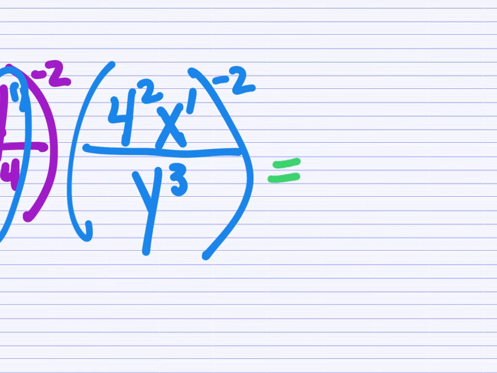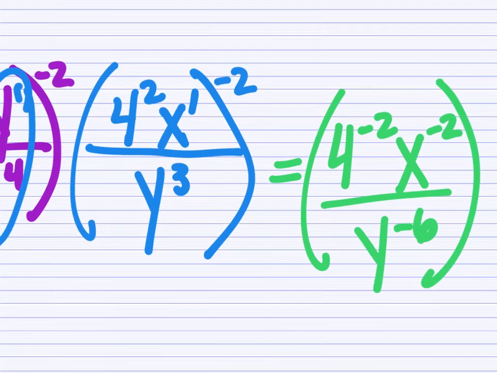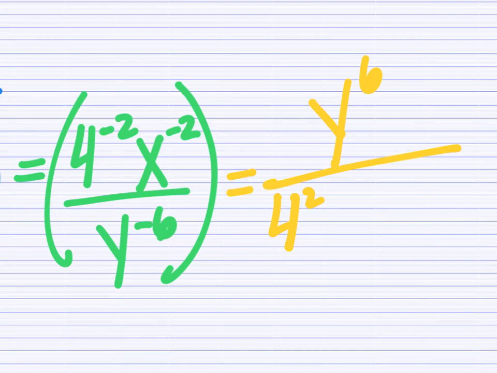Now let's distribute 4 to the negative 2, x to the negative 2, over y to the negative 6. And simplify one last time. My y to the 6 is going to come to the top. 4 squared will go to the bottom. X squared will also go to the bottom. If you would like to make this a little prettier, this 4 squared will turn into 16.